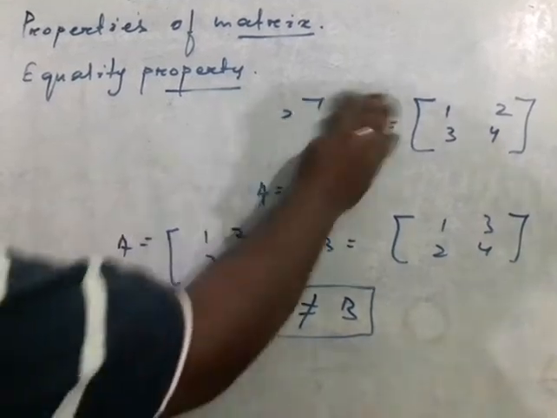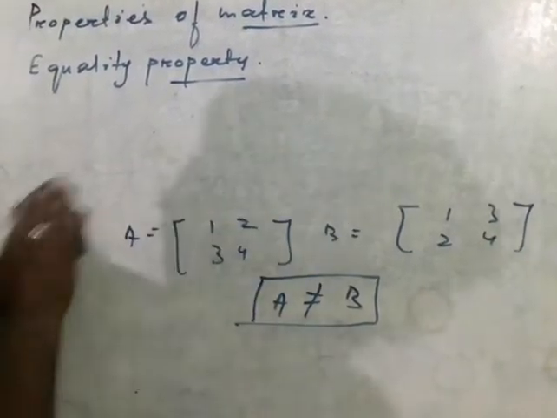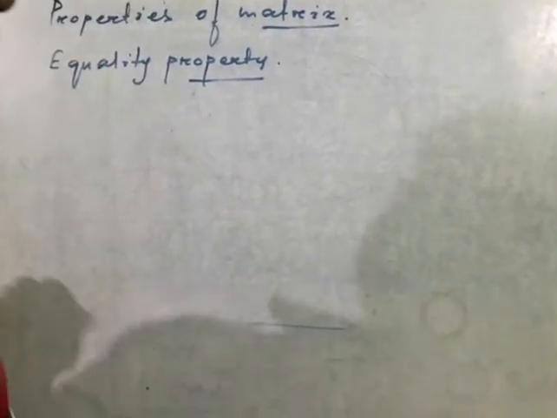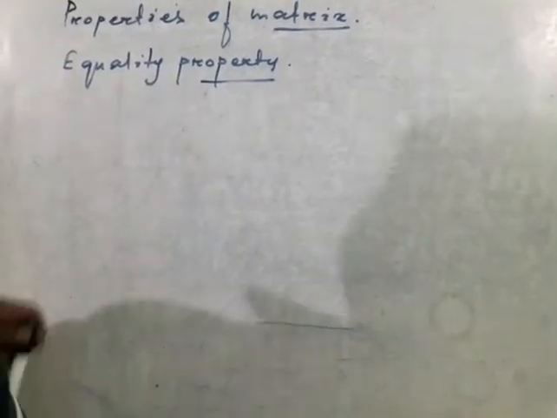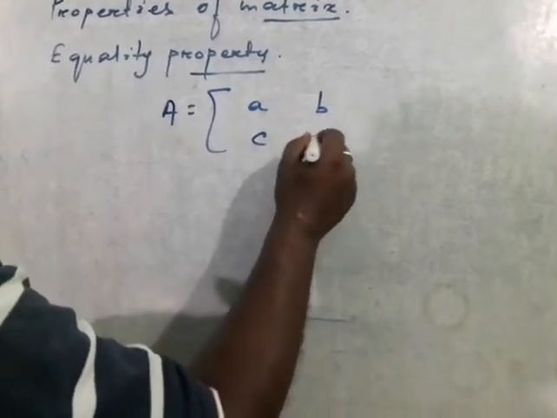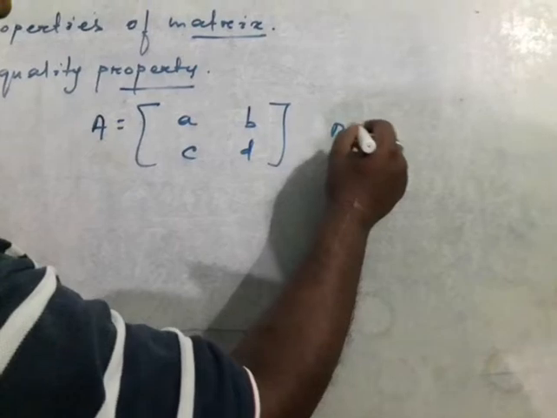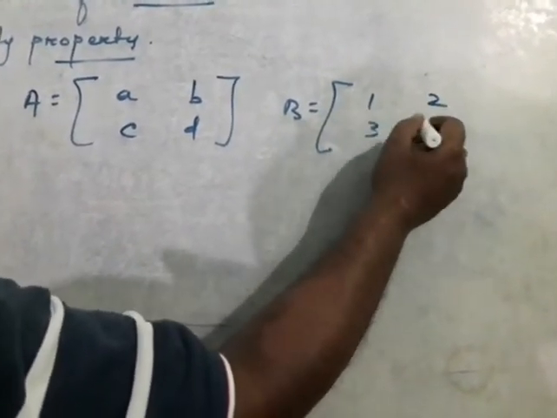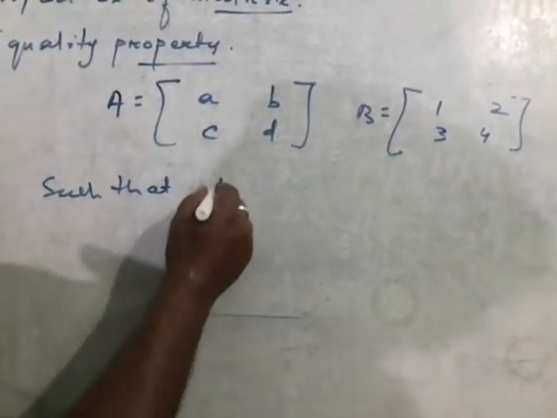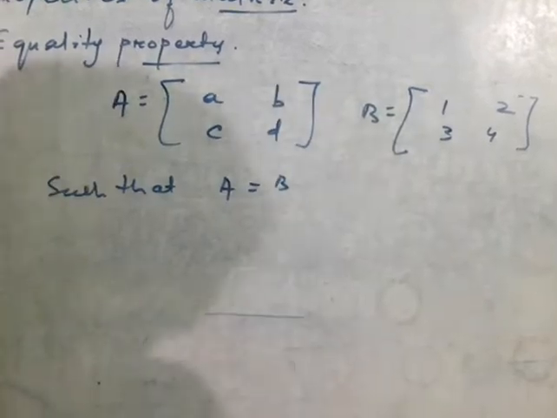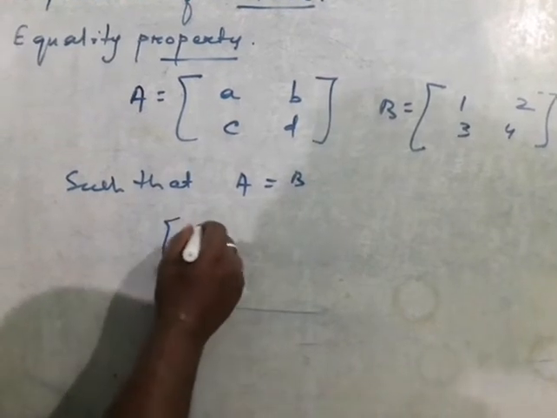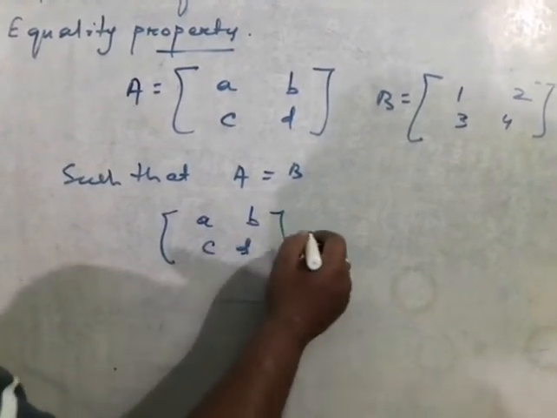Now, similarly, this can be related to two matrices, where A is one matrix having the components a, b, c, d, and B is another matrix containing the entries 1, 2, 3, 4, such that A is equal to B. Given the condition A is equal to B, in that case we can say that a, b, c, d are equal to 1, 2, 3, 4.